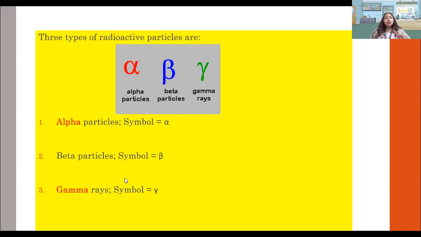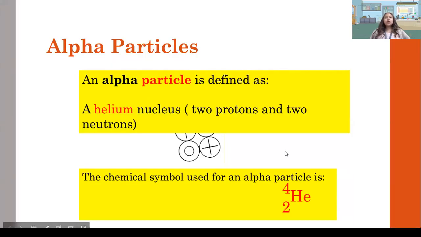For beta particles, one of the symbols that we'll see is the beta symbol, which is the letter beta in the Greek alphabet. And then last up, gamma rays, of course, the symbol would be gamma, the backwards Y, also a letter from the Greek alphabet.